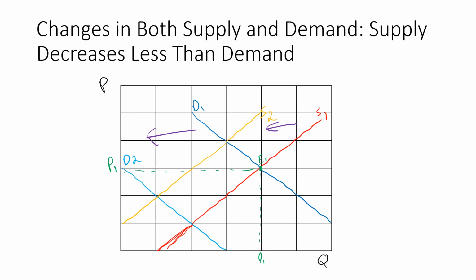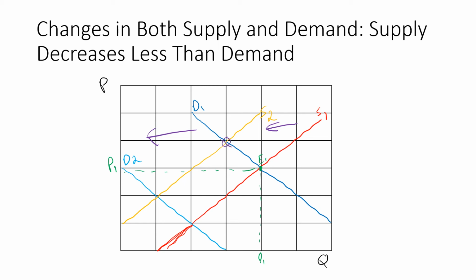So what is our new equilibrium point, and therefore what is our new price and new quantity? So again, we have to look for where now demand 2 crosses supply 2. Again, that is not going to be where demand 1 and supply 2 cross. I'm going to use purple for that.